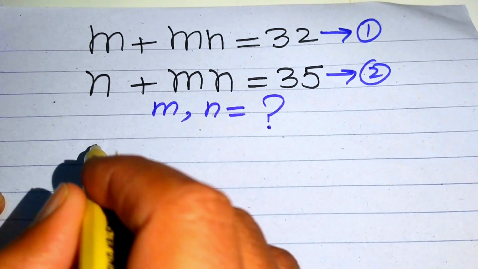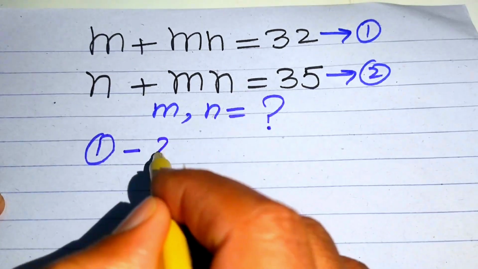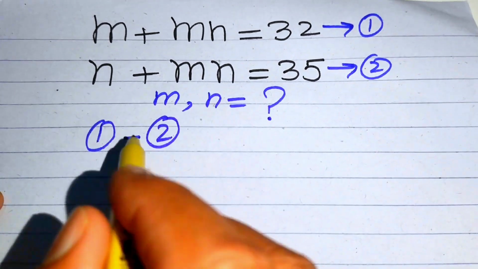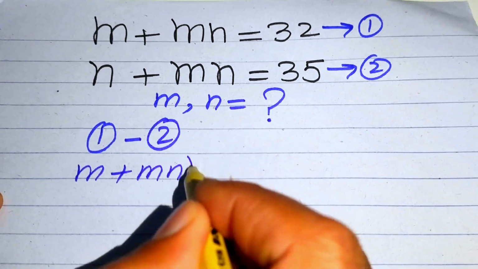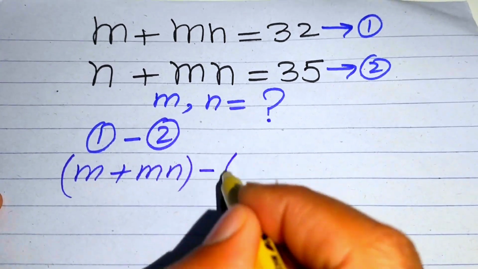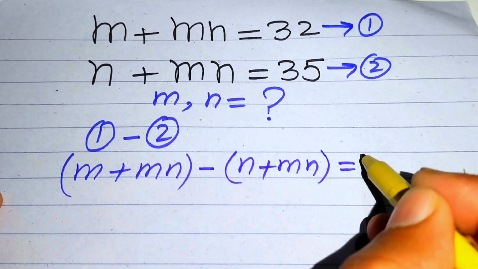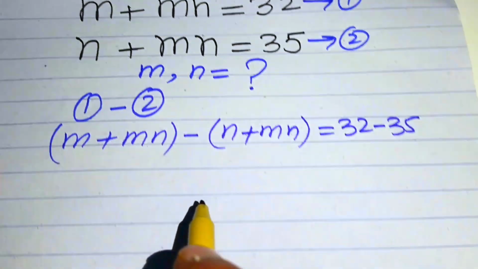The very first step we are going to do is subtract equation number 2 from equation number 1, and we obtain its output in this way. First we write m plus mn, and we subtract n plus mn, equals 32 minus 35.